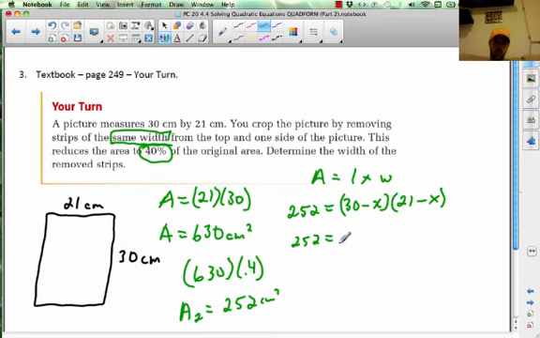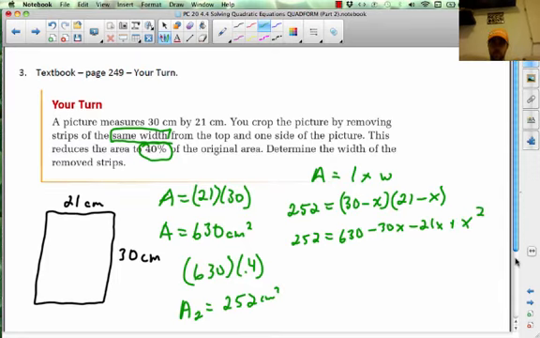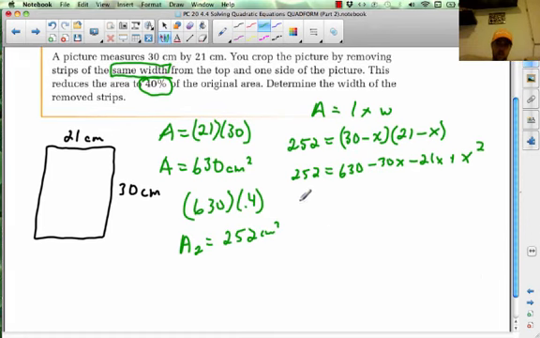So 30 times 21 we already know is 630. And then we go minus 30x, then minus 21x, then plus x squared. Now it's starting to look like a quadratic. 252 equals 630 minus a total of 51x plus x squared.